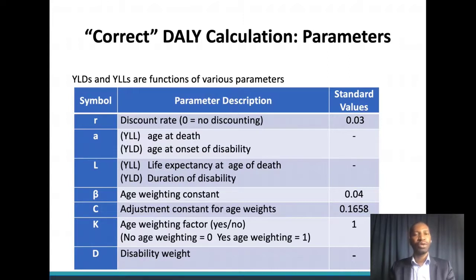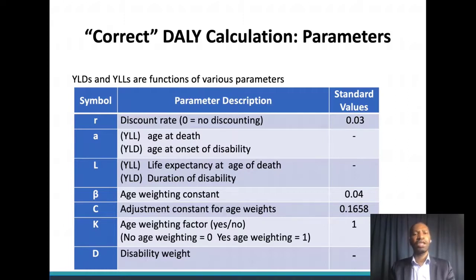Then we have a parameter A, which is the age at death when we're calculating the YLL, and the age at onset of disability when we're calculating the YLD. We have another parameter L, which represents life expectancy at age of death when we are calculating the YLL, and the duration of disability when we're calculating the YLD. We have a beta coefficient parameter, the age weighting constant, typically set at 0.04.